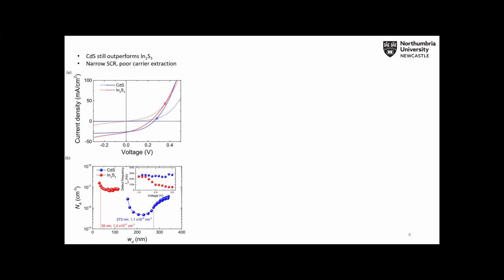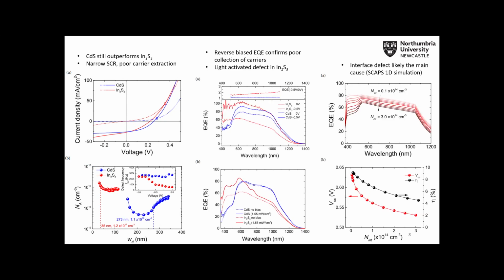So we did a range of measurements on the devices with and without cadmium sulfide, but we found that indium sulfide did not outperform cadmium sulfide. And the reason was several-fold.